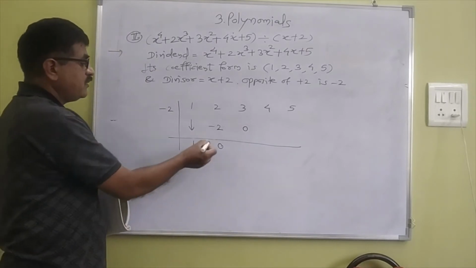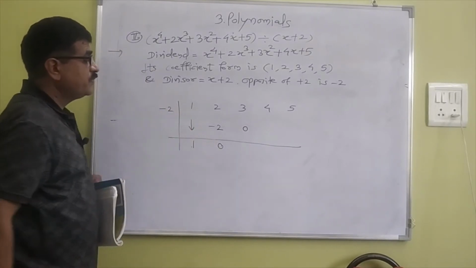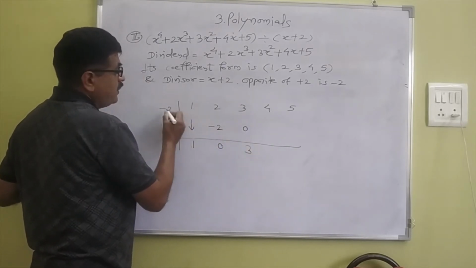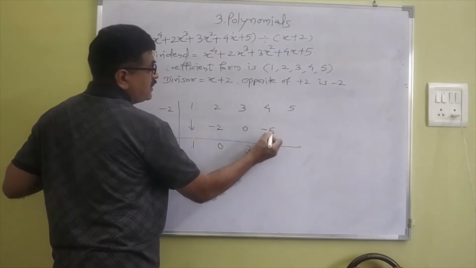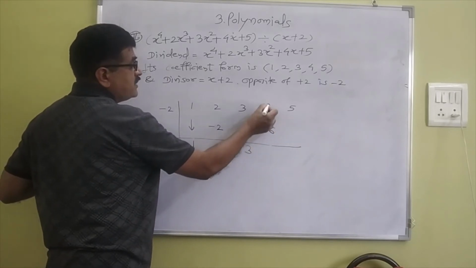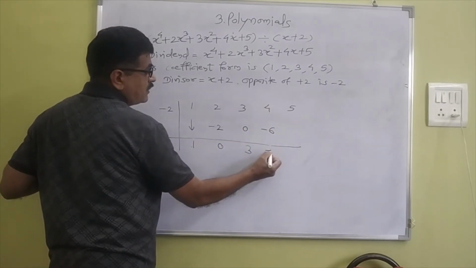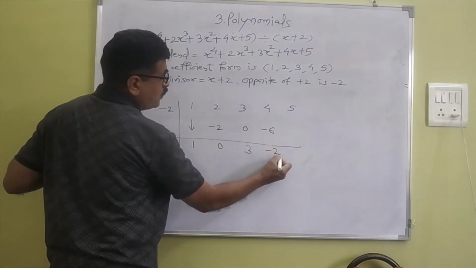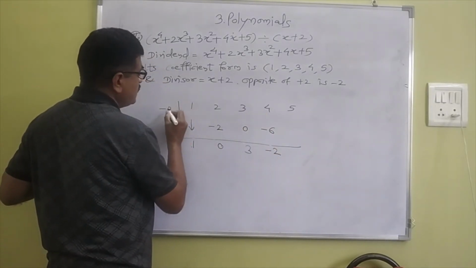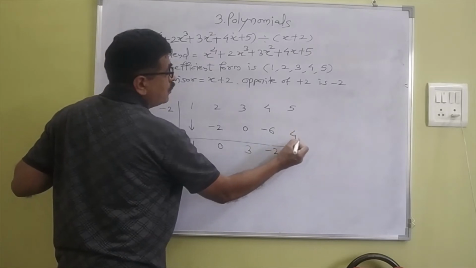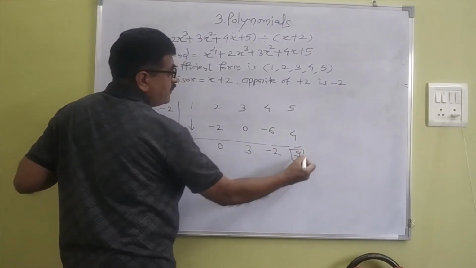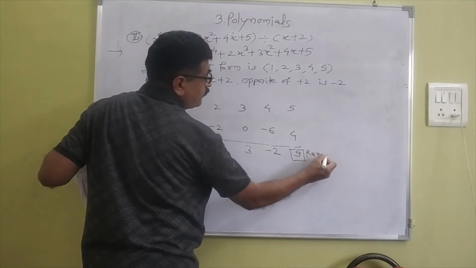Multiplying any term by 0, we get 0. 3 plus 0, 3. 3 into minus 2, minus 6. Minus 6 plus 4, the greater term is minus. 6 minus 4 is 2. Minus into minus is plus, 2 into 2, 4. 4 plus 5, 9. This is the remainder.